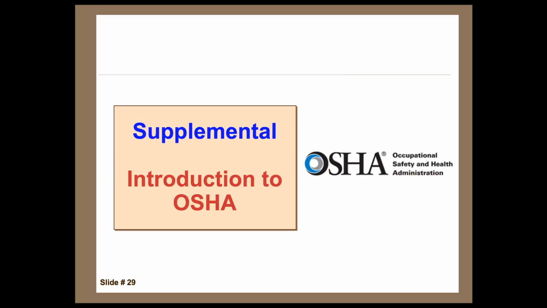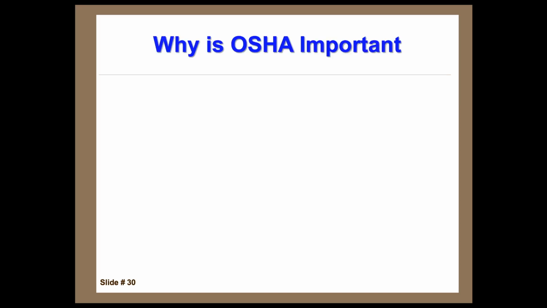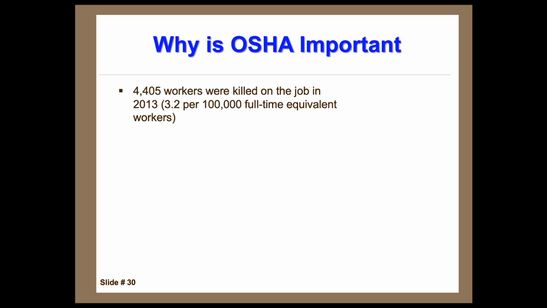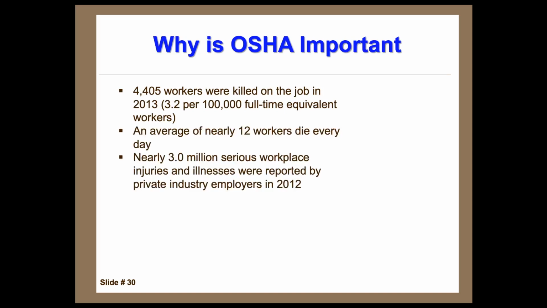Now the topic is an introduction to OSHA, the Occupational Safety and Health Administration. Why is OSHA important? 4,405 workers were killed on the job in 2013. An average of nearly 12 workers die every day.